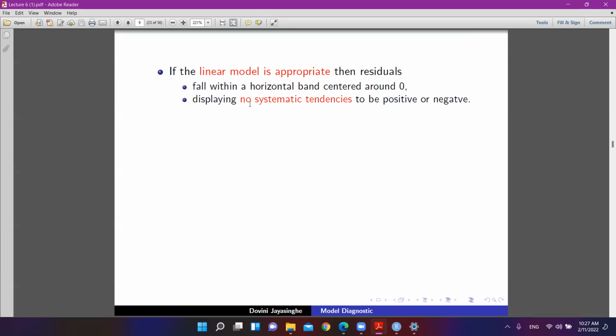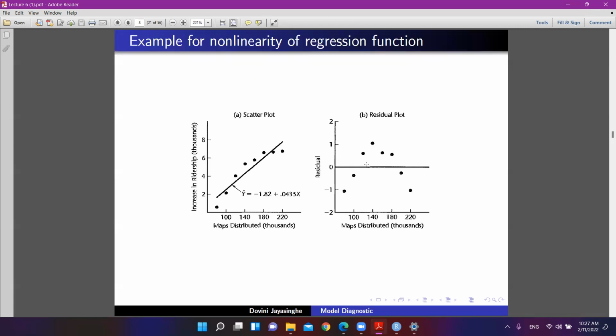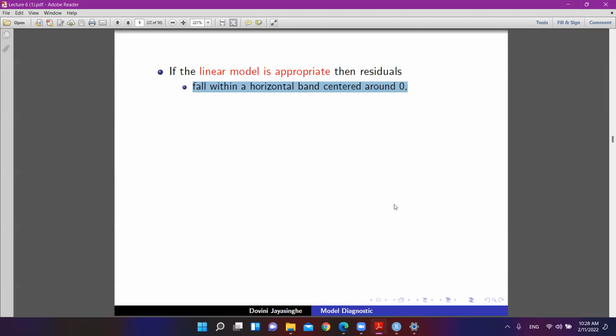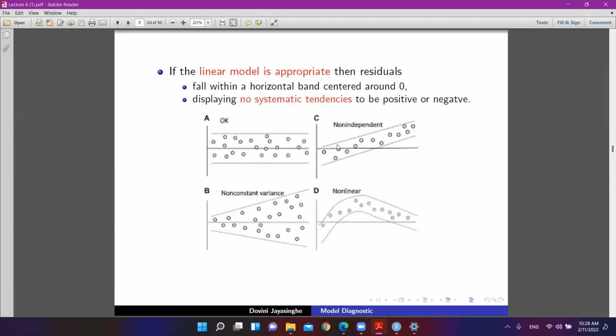Displaying no systematic tendencies to be positive or negative. If we have a tendency, a trend line, then again it's not going to work. So these are the possibilities, right?